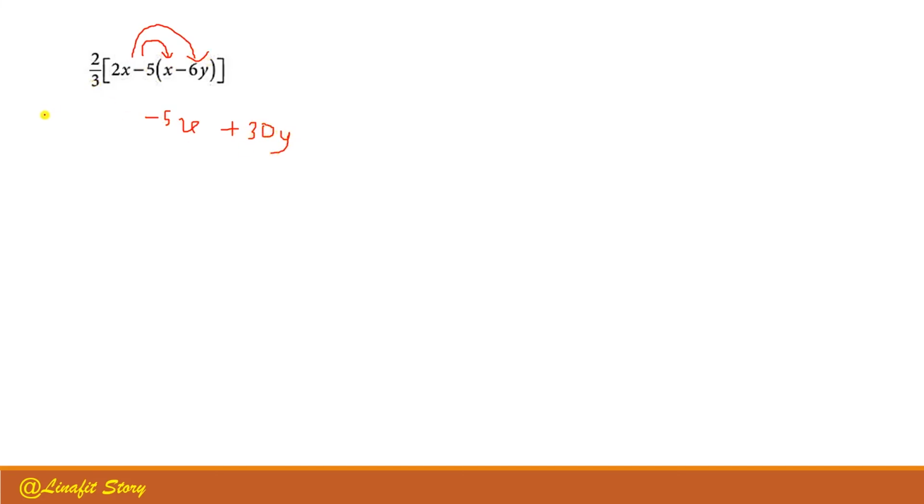So here is 2 out of 3 times open bracket 2x minus 5x plus 30y close bracket. 2x minus 5x, 2 minus 5 is equal to negative 3x plus 30y. So 2 out of 3 times open bracket negative 3x plus 30y.